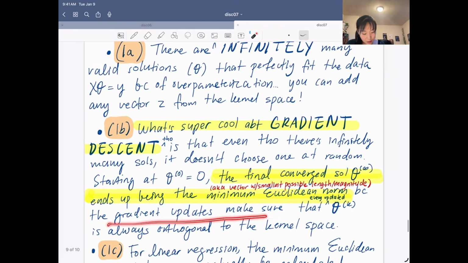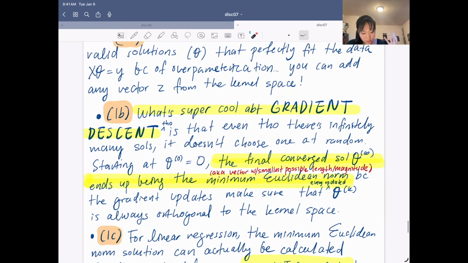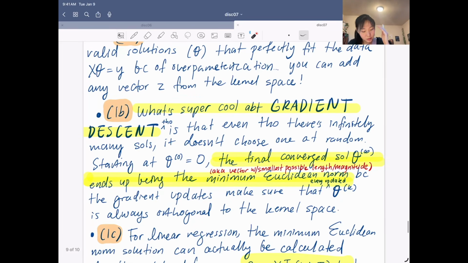Because the gradient updates always make sure that every update theta k is orthogonal to the kernel space. It's always in the subspace that's perpendicular to the kernel space. And so that's really cool, right? Gradient descent always ends up with the simplest solution, the vector with the smallest magnitude, as the parameters that minimize our loss.